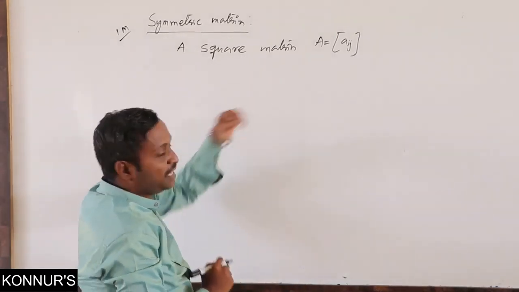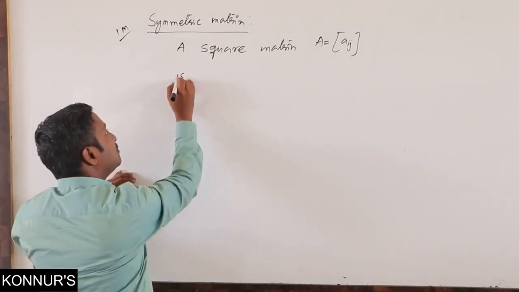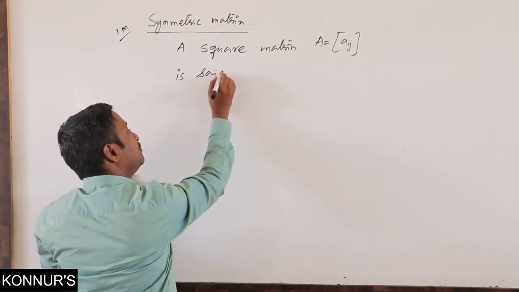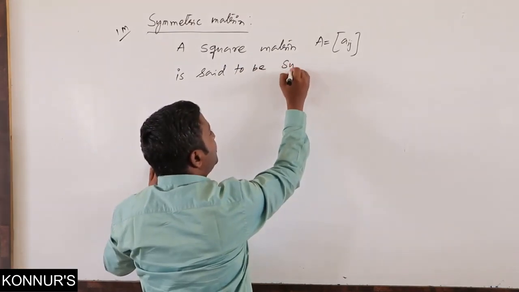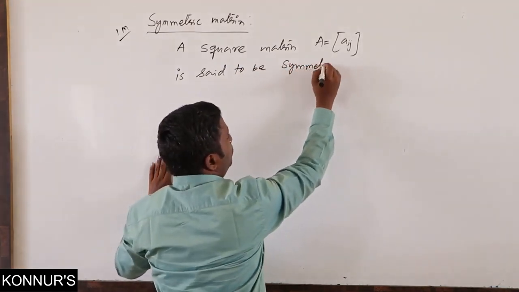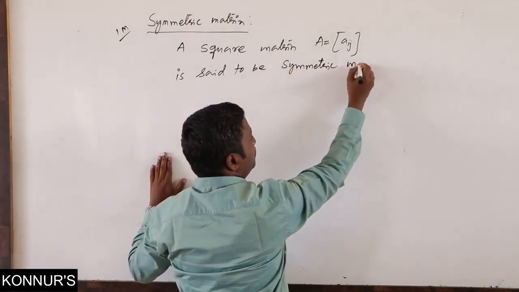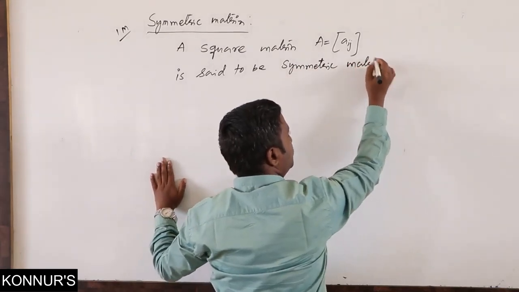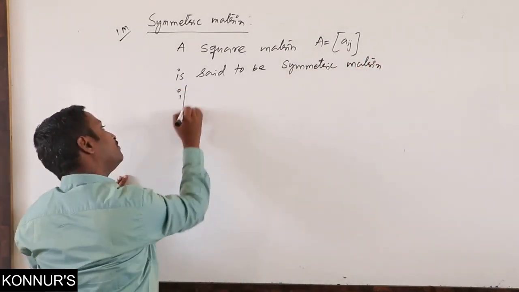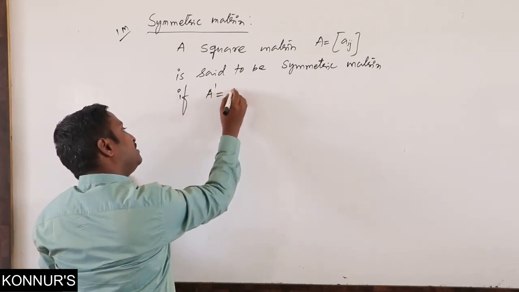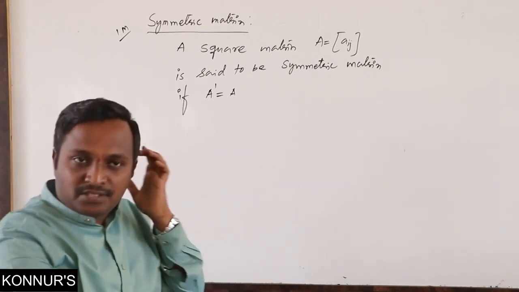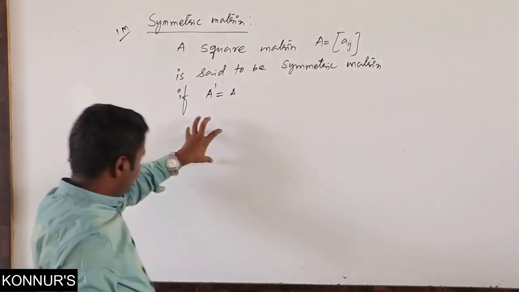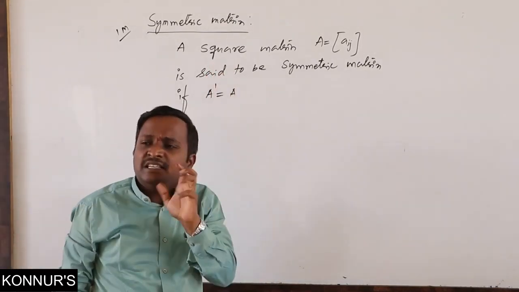A square matrix A equal to Aij is said to be a symmetric matrix if A dash is equal to A. If A dash is always equal to A, then we call that matrix a symmetric matrix.